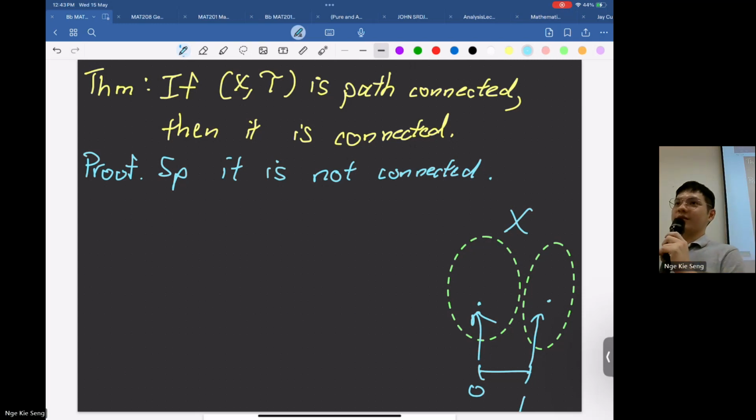What's the lemma? Oh, nice. Yes, we have one lemma like that. So if you have a connected subspace and your space is not connected, then that connected subspace must lie in one of the connected subspaces. Yes, correct. You can use that argument.